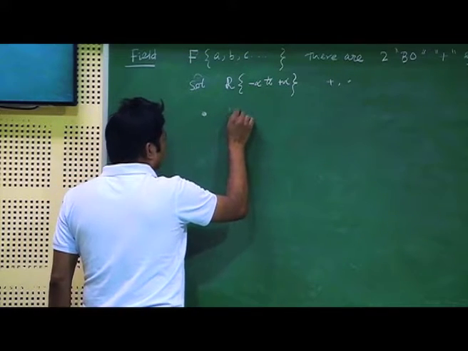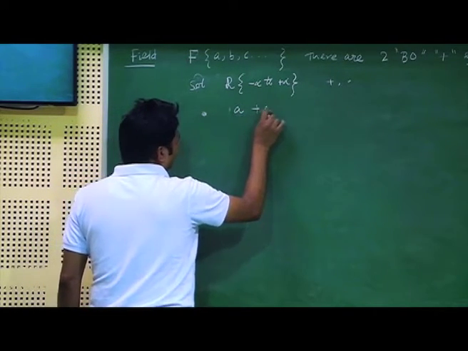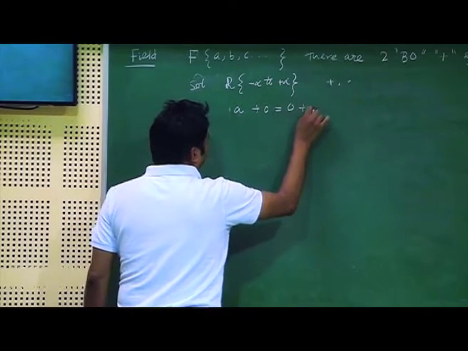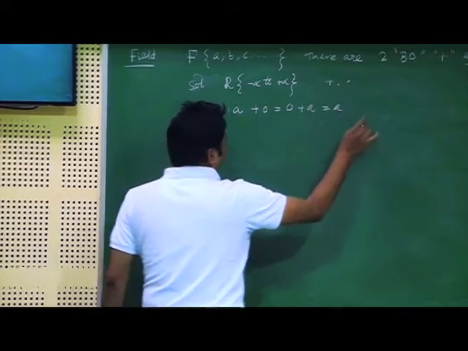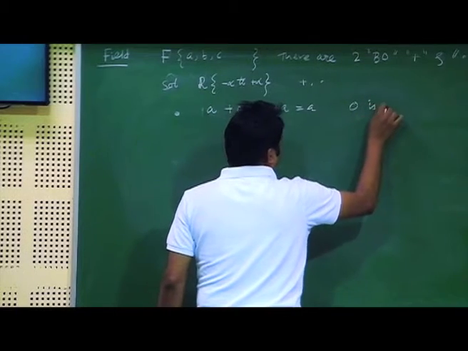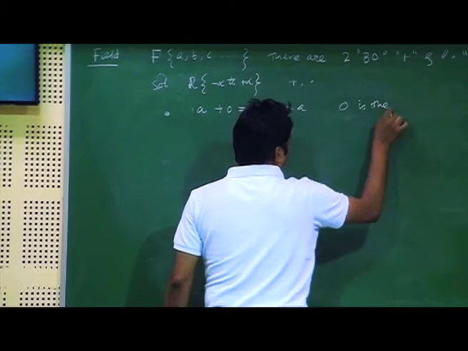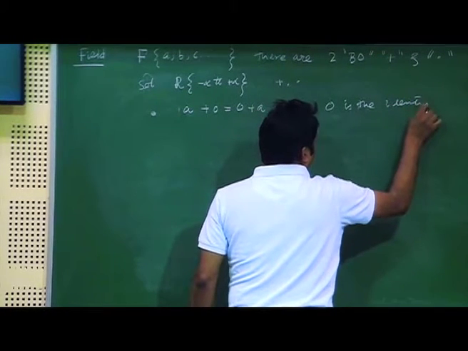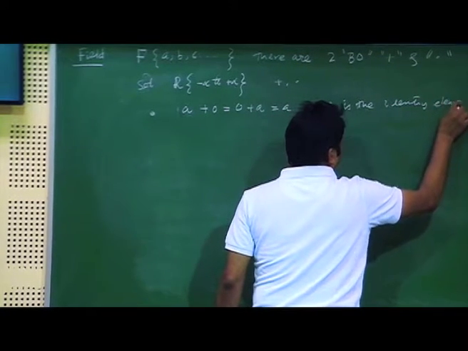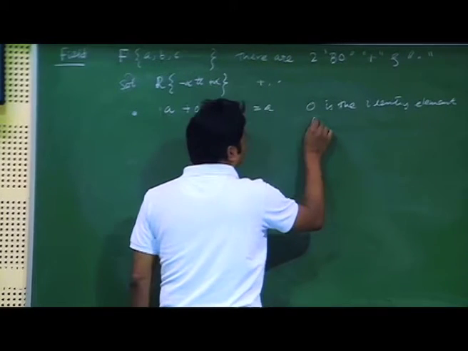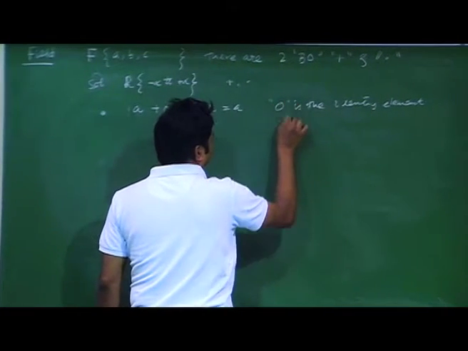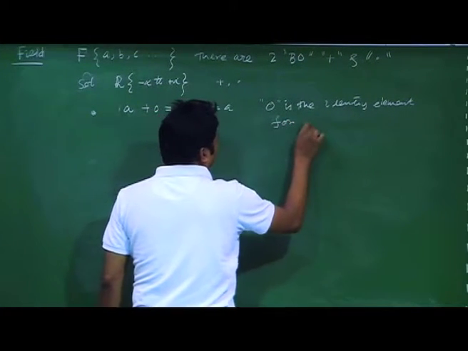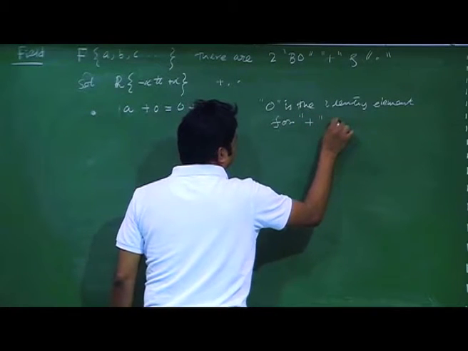Whatever the quantity, say A, A plus 0 is equal to 0 plus A is A. So, here 0 is the identity element for the plus operation.